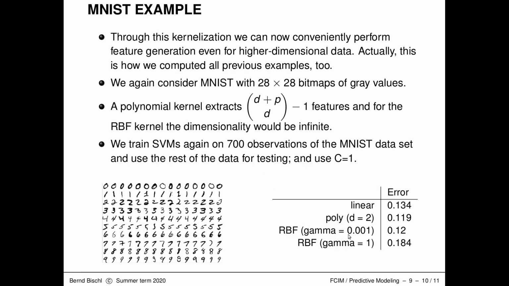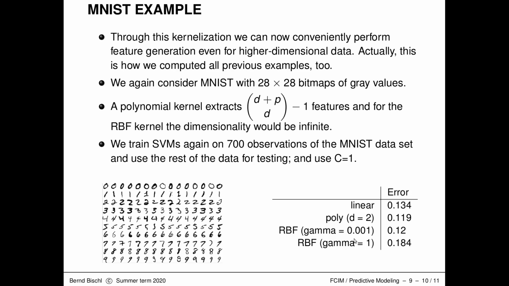But what we can see here is that by going from the linear kernel to a polynomial kernel, we at least become a little bit better. We also obtain, at least relatively here, compared to the other results, a good result with this Gaussian kernel with a low setting of the gamma parameter.